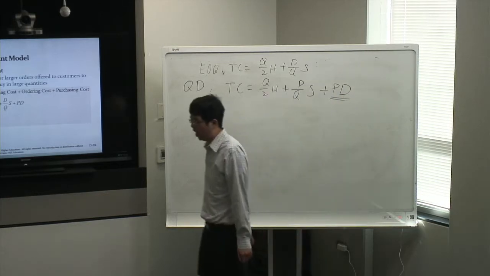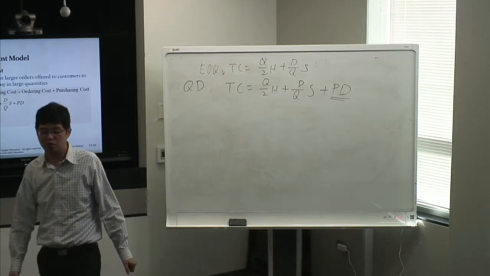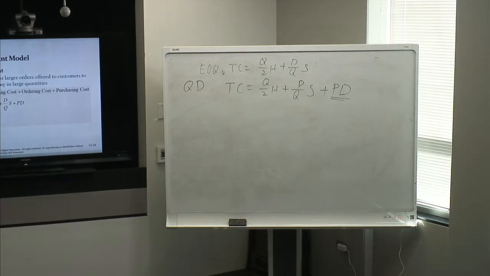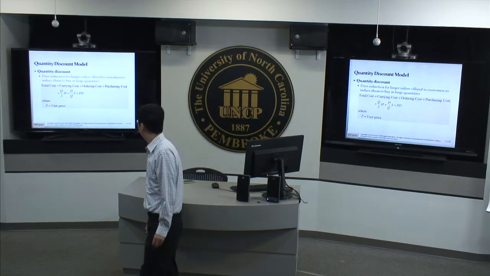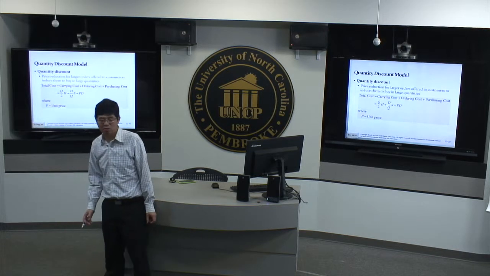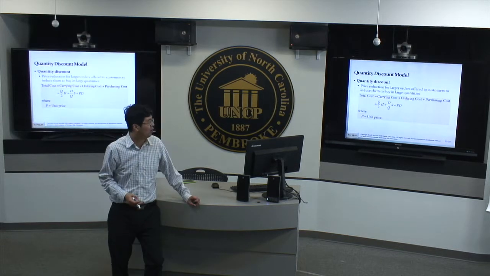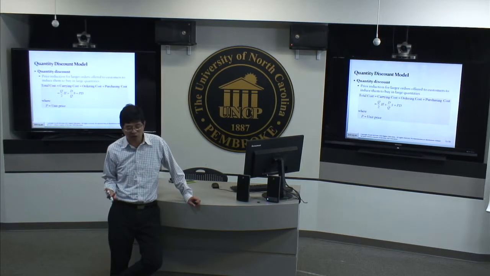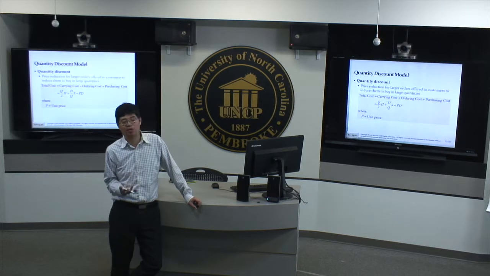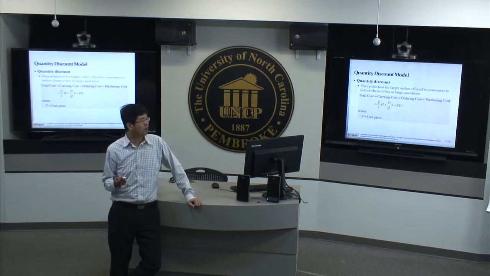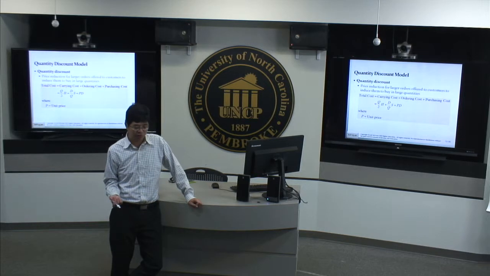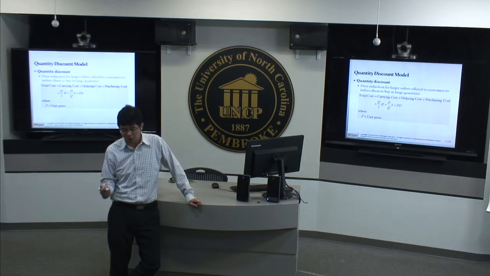We know D, the annual demand, in advance. My question is: is there something wrong with some formula here? Why are they different? When we talk about total cost in EOQ, we didn't consider purchase cost, but in the quantity discount model we do. Should purchase cost be included in our total cost or not?